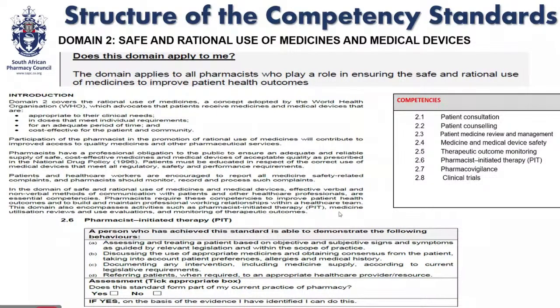You can see 2.1 to 2.8 are our competency standards, and we've selected 2.6, and these are our behavioral statements. It's very important to understand you have to select one competency standard under the domain and achieve at least 75% or all of the behavioral statements, depending on the number of behavioral statements, but we will get to that.